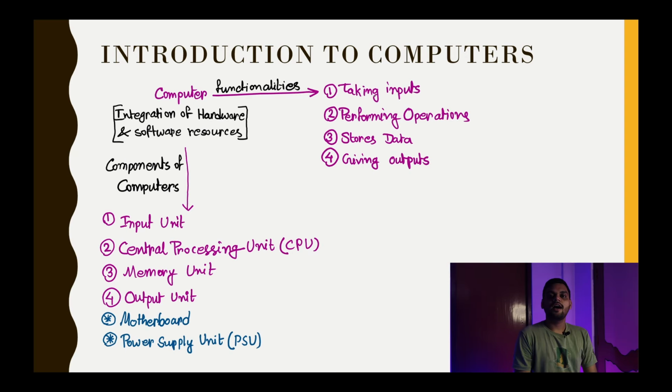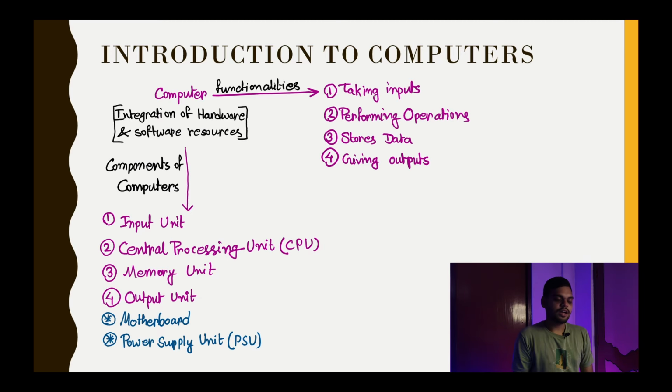Now we have reached the point where we will be discussing the hardware components of a computer. What is a computer? A computer is just a device with hardware and software interacting with each other. This is the basic definition.